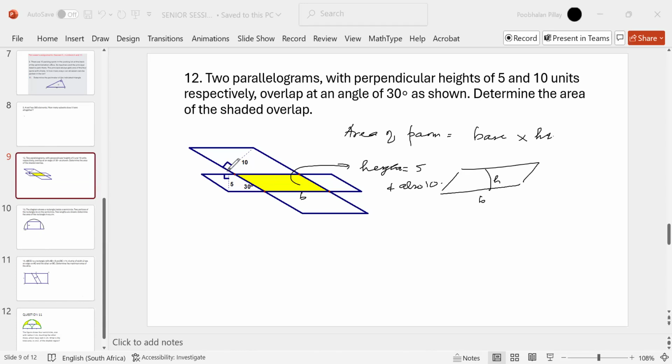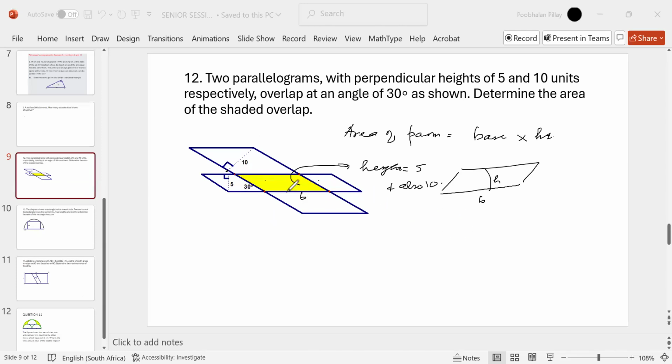These parallel lines here, if you take one point on this parallel line, this 10 here is the distance between these two parallel lines, the distance between the opposite sides of this parallelogram. Likewise, this height here is the distance between these two parallel lines, the opposite sides of this parallelogram.